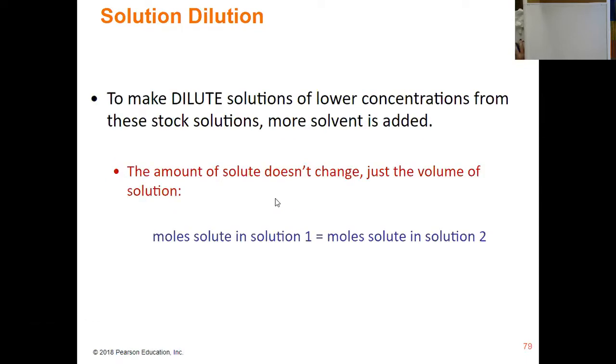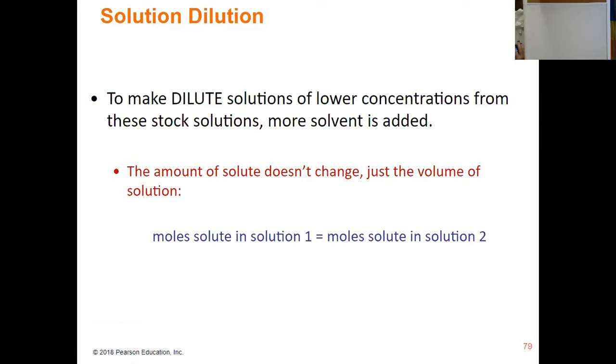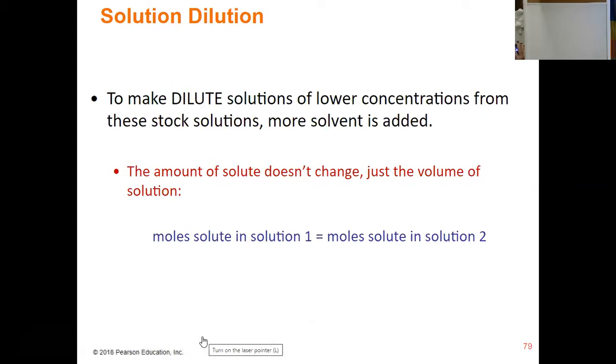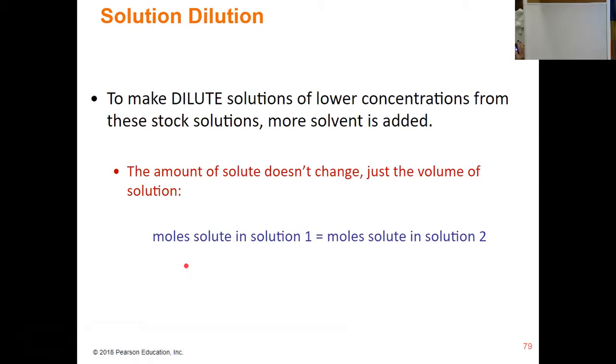Okay, now to do this, we are going to basically change the volume of the solvent that our solution has. Okay, I don't know, that doesn't make it very clear initially, but I'm gonna hopefully show you something that clarifies it.